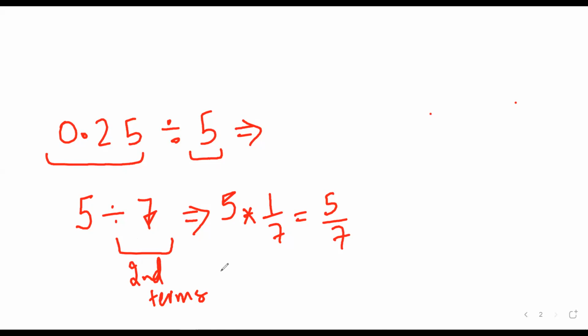So 0.25 divided by 5, what should I write this as? It will be 0.25 into 1 upon 5. What should I do next?